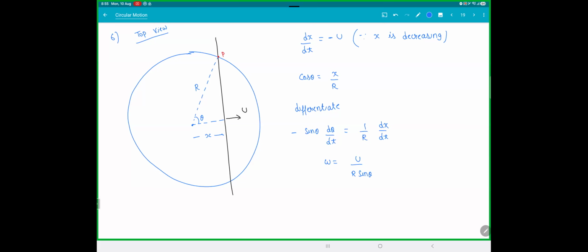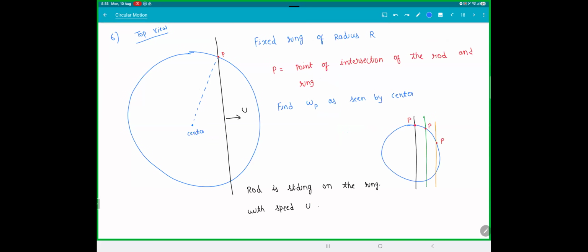Clear with this? I should have given it actually as a function of theta. They're not really that tough, but yeah.